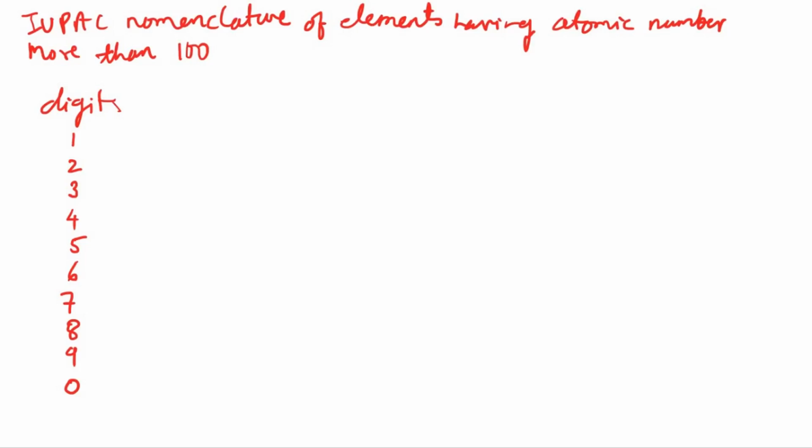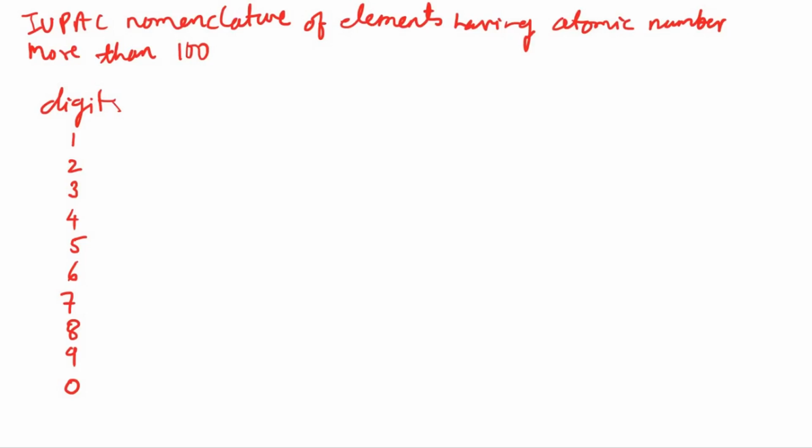So all numbers in this world are made from these digits only. Clear? And these digits already have some names. So we will take those names, and from those names we will derive the official name of the element. To find out the IUPAC name, the official name can be given later on, but IUPAC names we can easily write down.